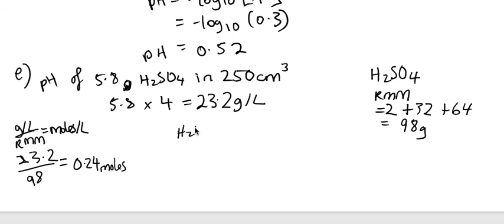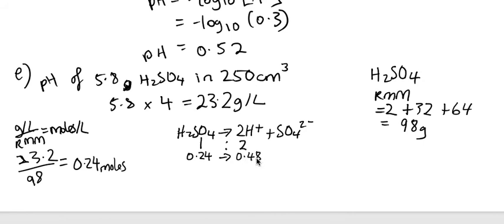So H2SO4 breaks down into two H pluses and an SO4 minus. So for every mole of sulfuric acid that we have, we're going to get 2 moles of H pluses. And if we have, in this case, 0.24 moles of sulfuric acid, that is going to give us 0.48 moles of our H pluses.